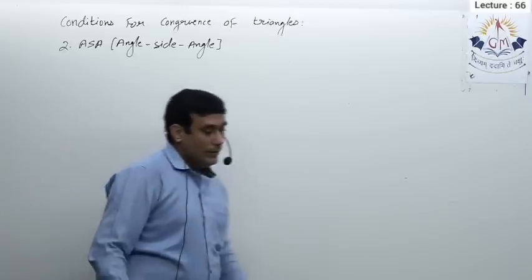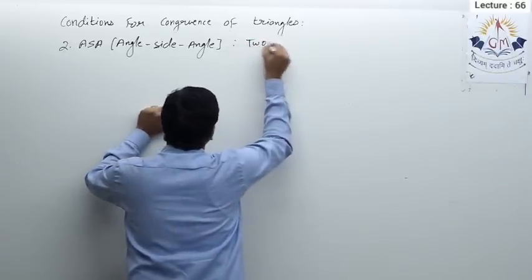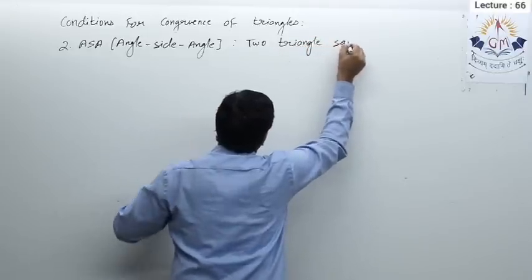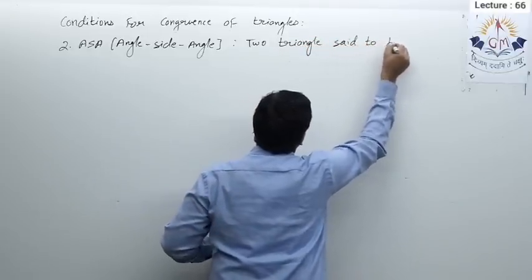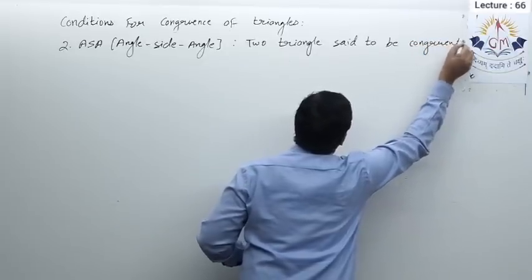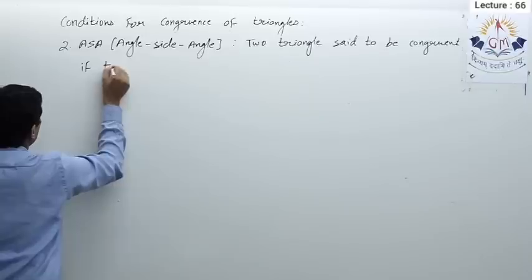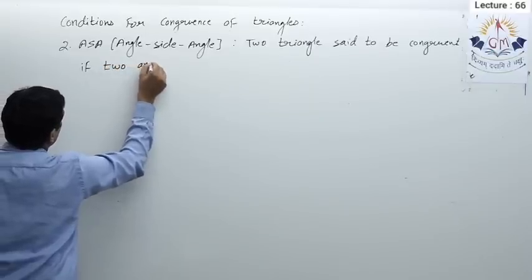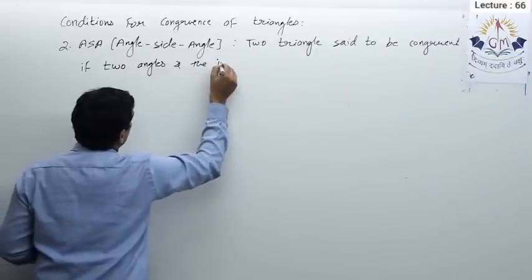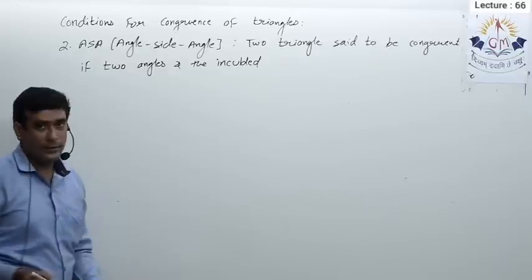Now here the name itself says two triangles are said to be congruent if two angles and the included side. Now here you must understand included side.